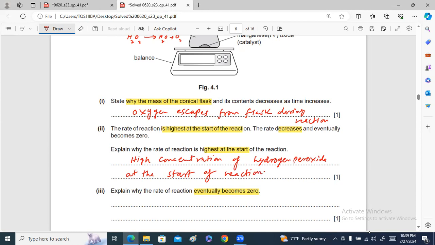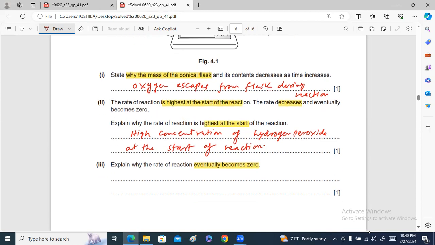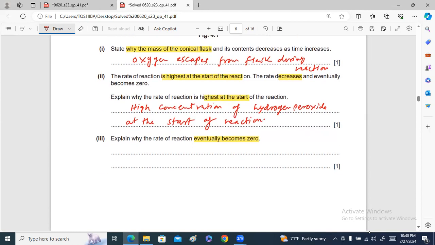Then explain why the rate of the reaction eventually becomes zero. The reason behind this question is that if during the chemical reaction some of the reactant is used up completely, then the reaction stops and the rate becomes zero.